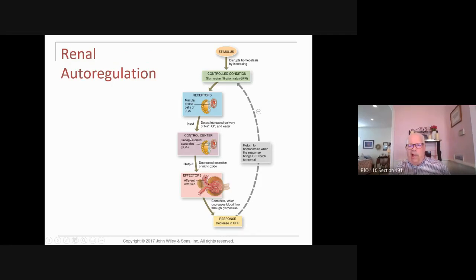The control center is the juxtaglomerular apparatus, the apparatus that houses renin. When you have a decreased secretion of nitric oxide, the arteries will constrict, and that will decrease glomerular filtration rate.